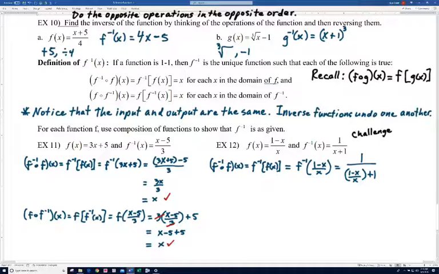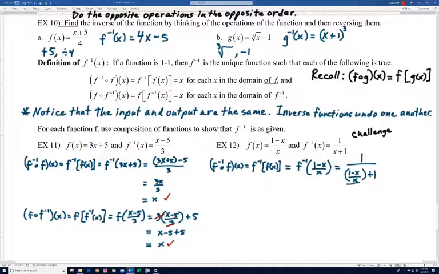We did a little bit of work with these earlier in the semester, I believe. If not, I'll have to take you back to some old memories. Hopefully you've seen this in the past. This is called a complex fraction because we have a fraction within a fraction.